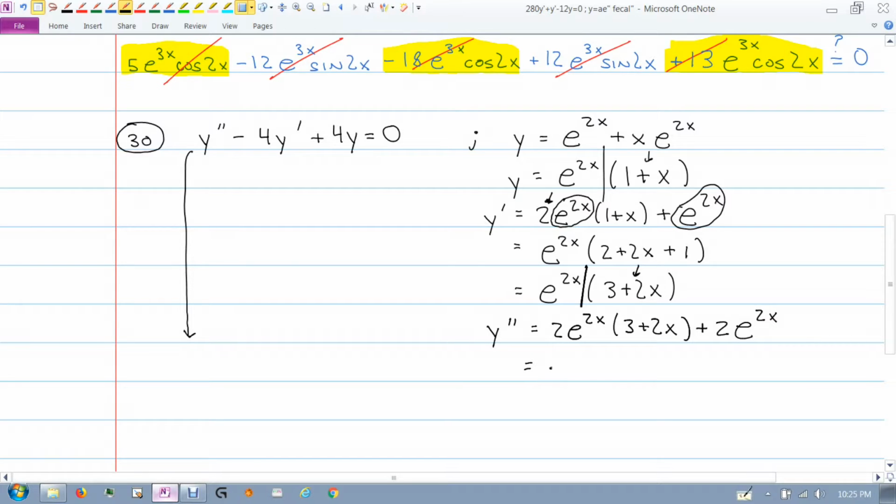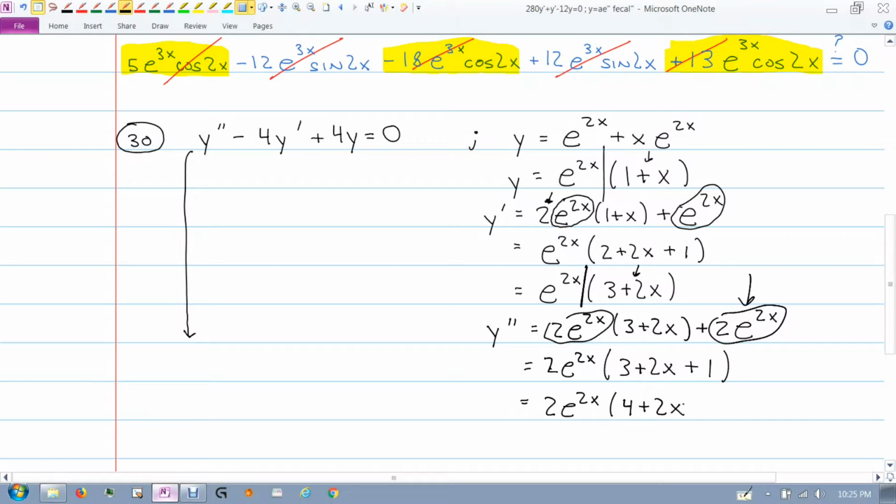I can pull out a 2e to the 2x this time, because they both have it. And I'll just be left with the 3 plus 2x, and then plus the 1 when I pull it out from here. So I've got 2e to the 2x, and then I have 4 plus 2x. All right, there's my second derivative. So 2e to the 2x times 4 plus 2x.